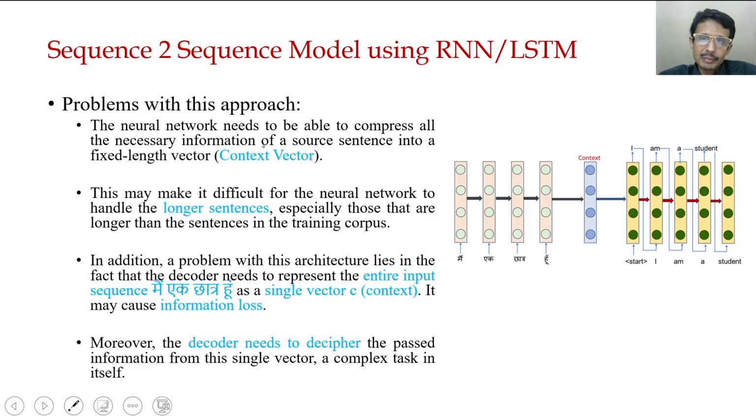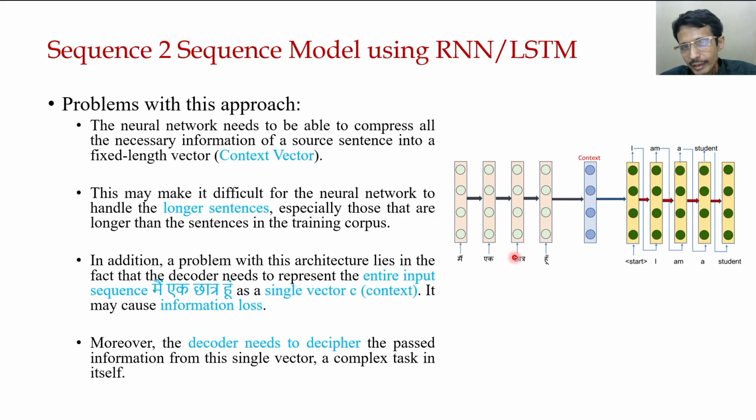So there is some problem we can face. What problem? The neural network, because this is basically a neural network, needs to be able to compress all the necessary information of the source sentence into a fixed length vector. This encoder is ultimately a neural net through a time axis, and it essentially produces the context vector.